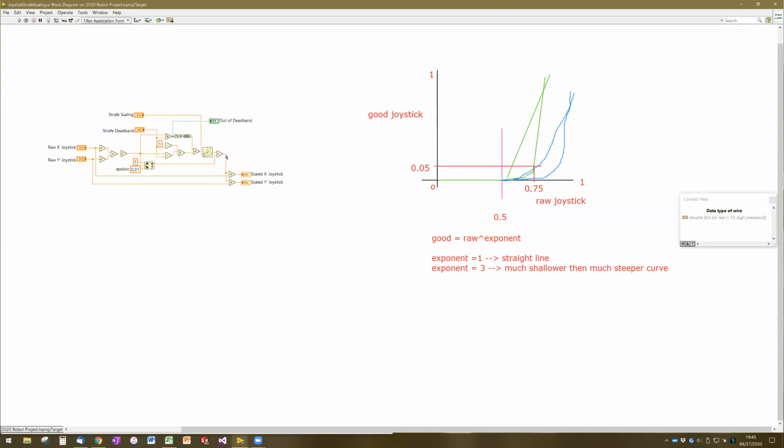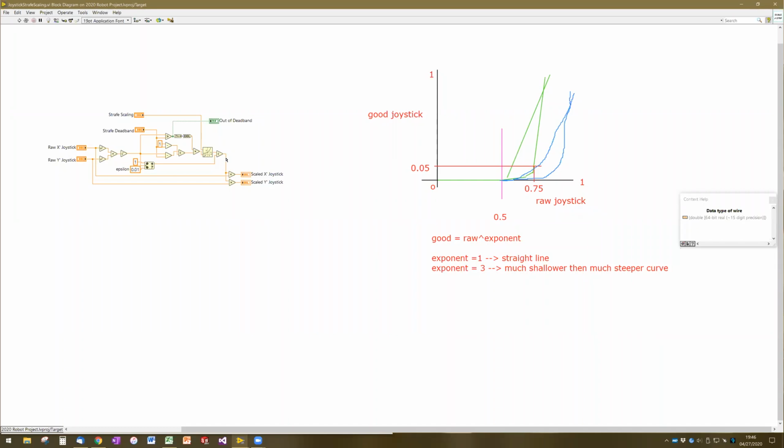And what we get out here is a scaled magnitude. So if our magnitude was below the deadband, our scaled magnitude is now 0. If our magnitude was, say, 0.5 before, and we had a squared, like if our exponent was a power of 2, then the scaled magnitude would now only be 0.25, right?